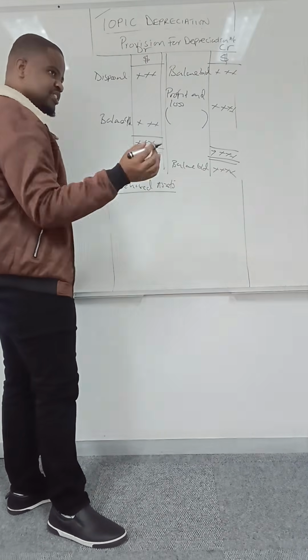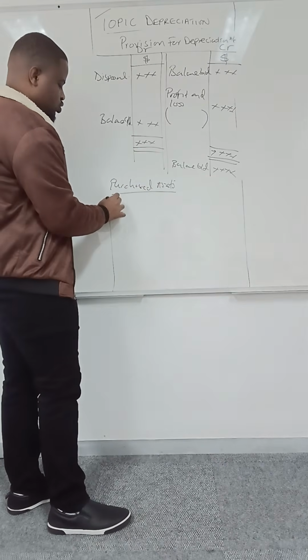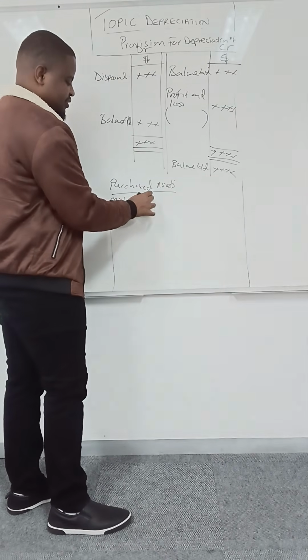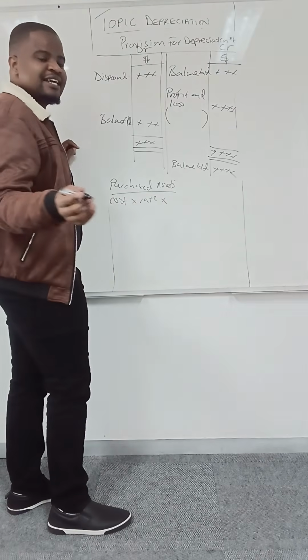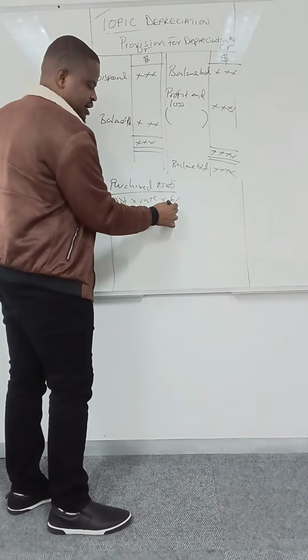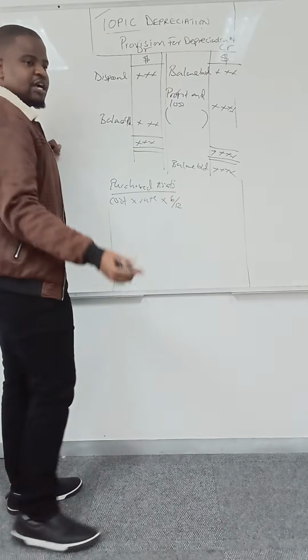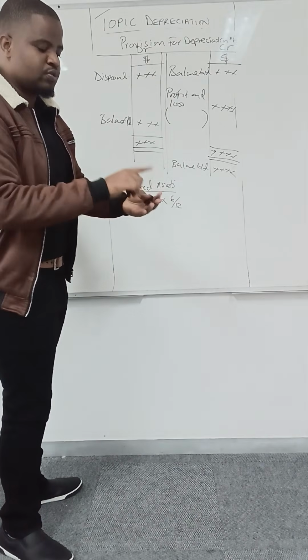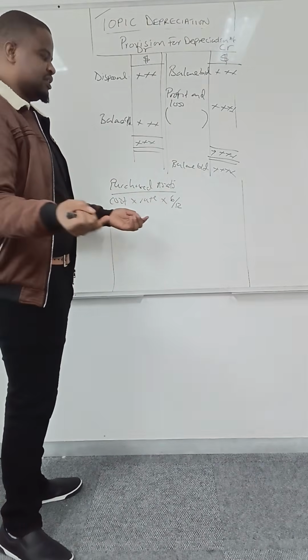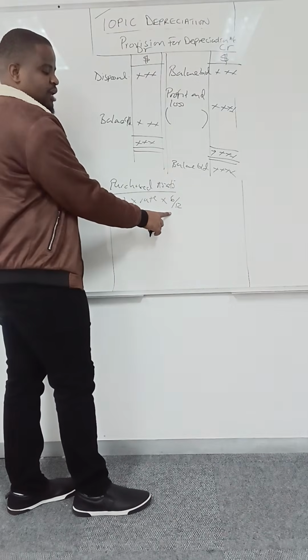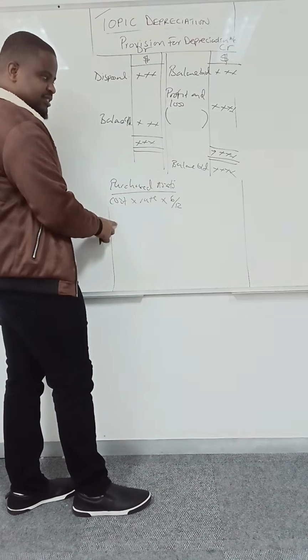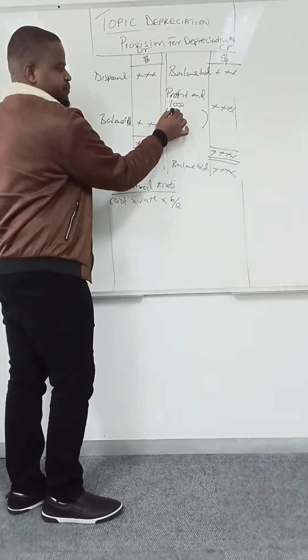Let's say we use the straight line method. Then it is your cost times rate times month of ownership. Say we bought it on 1 July. So you just calculate July, August, September, October, November, December. 6 months. That is how you calculate the depreciation for the purchased asset. When you get your answer, you come back and put it here.